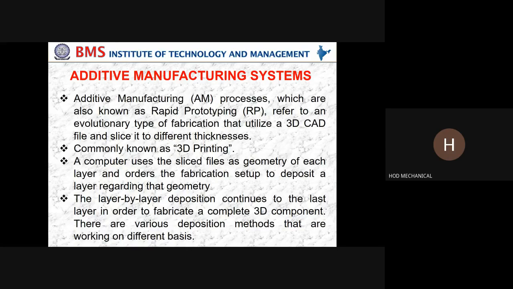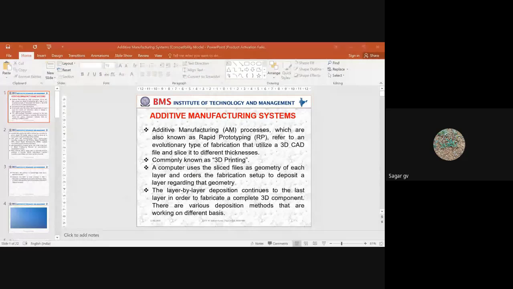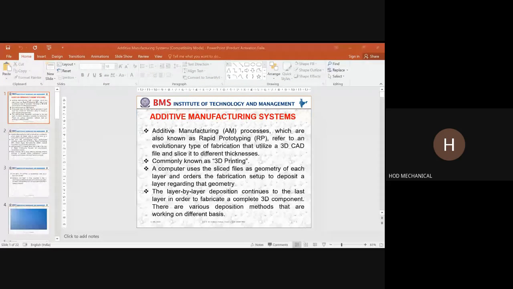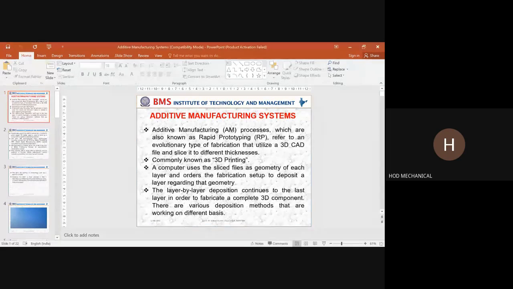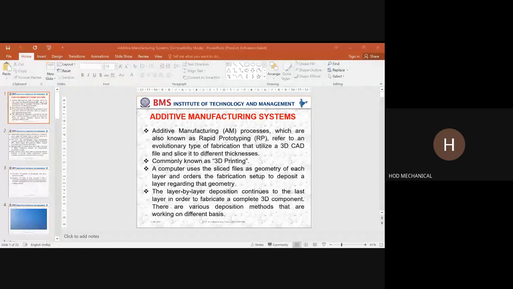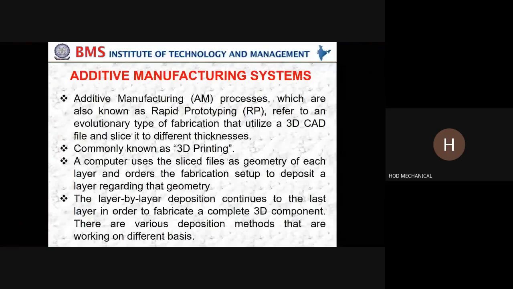But nowadays we use this rapid prototyping methodology for producing the components themselves. As we use this for producing the component itself, we replace rapid prototyping with what is called additive manufacturing.